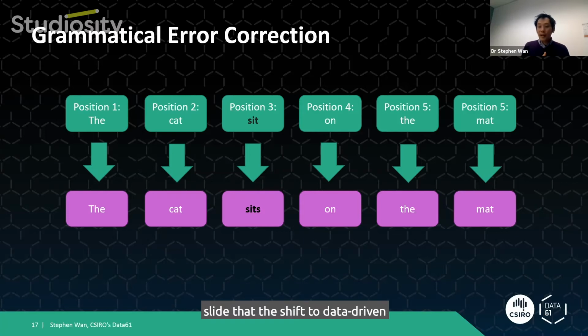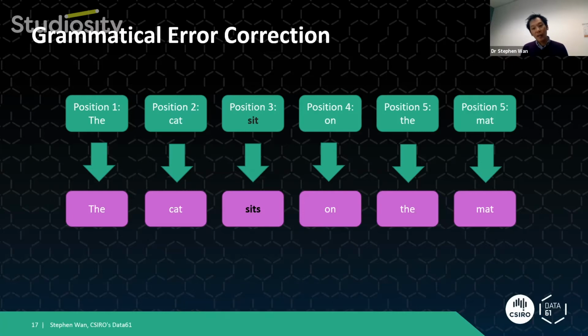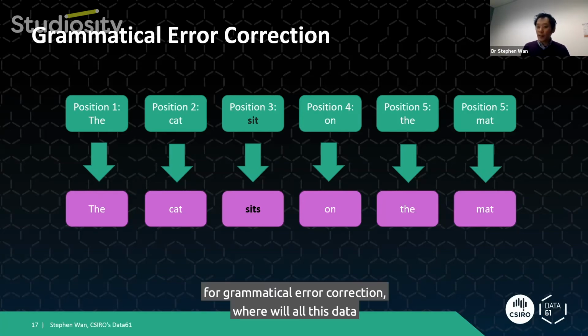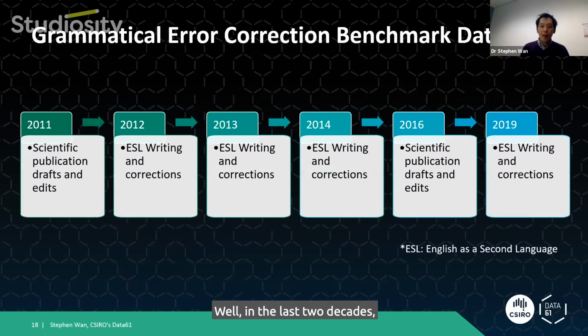You might recall in the previous slide that the shift to data-driven methods and data-hungry approaches for translation went hand in hand with the availability of data. So for grammatical error correction, where will all this data come from? Well, in the last 2 decades, there has been a community within computational linguistics that has focused on building educational systems.